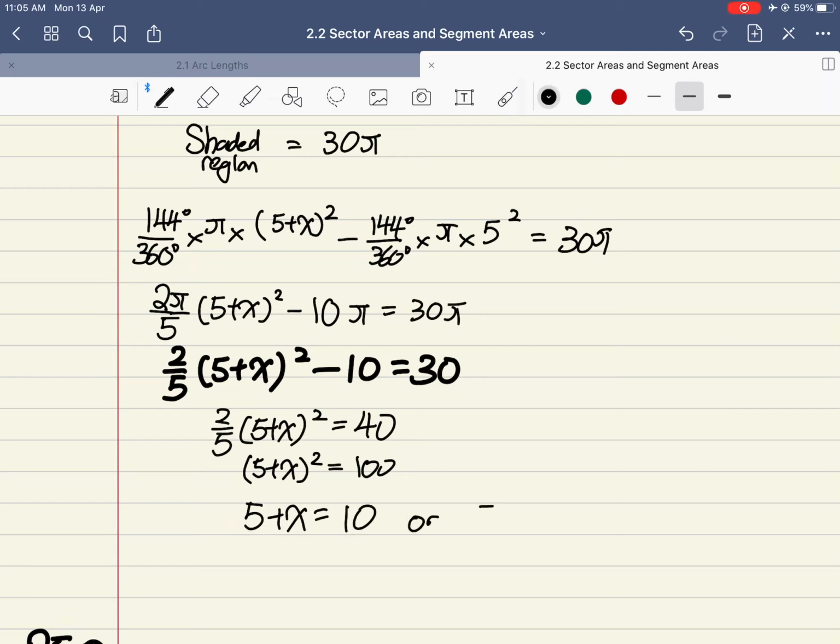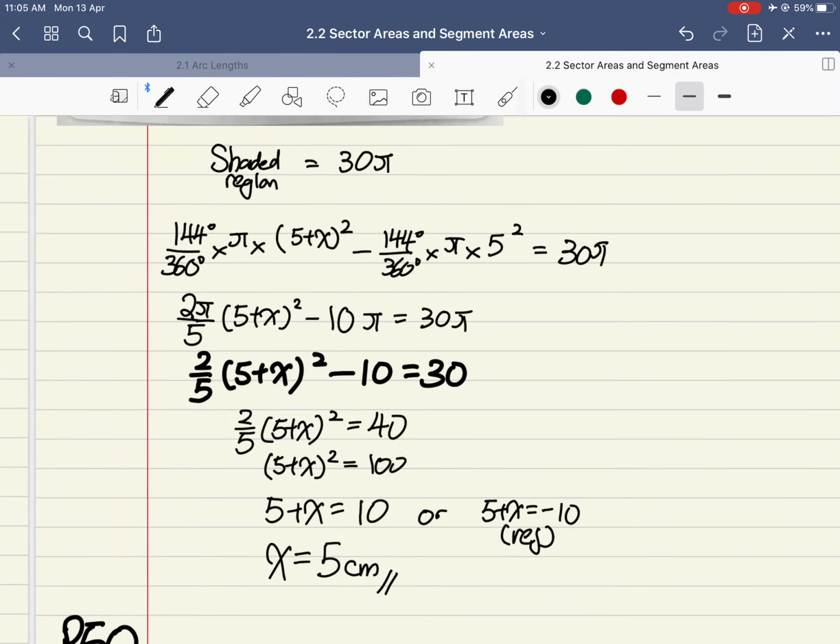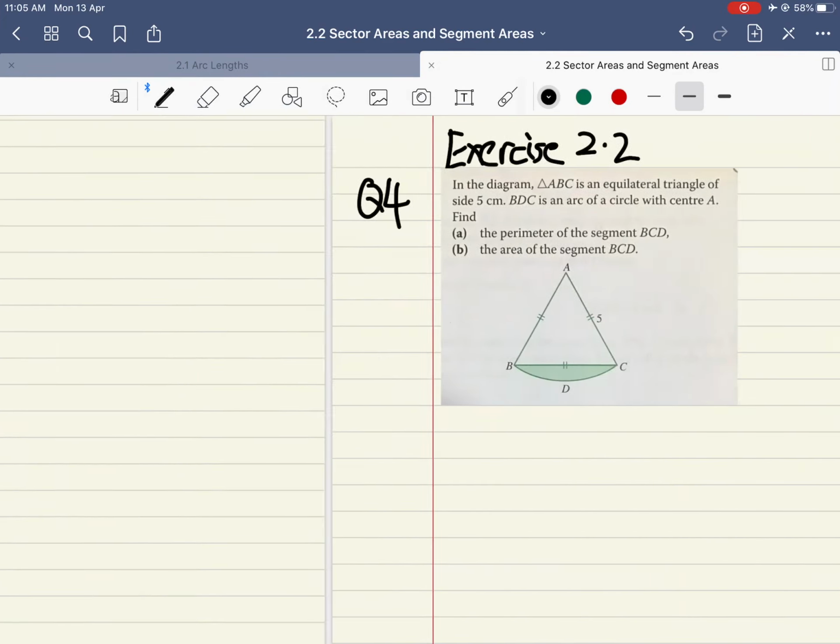So I will say that 5 plus x is equals to 10, or 5 plus x is equals to negative 10. But in this case, I shall reject the negative 10 because 5 plus x is a length, so you cannot have a negative length. So quickly solving, my x value is equals to 5 cm.